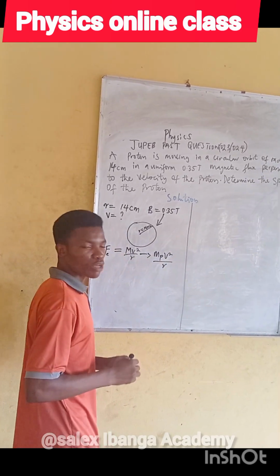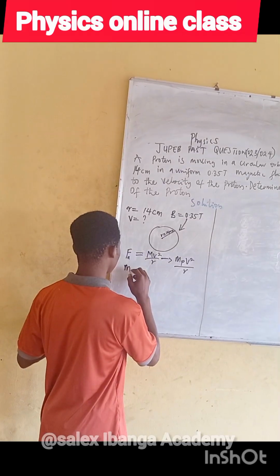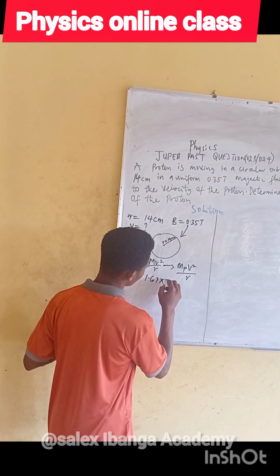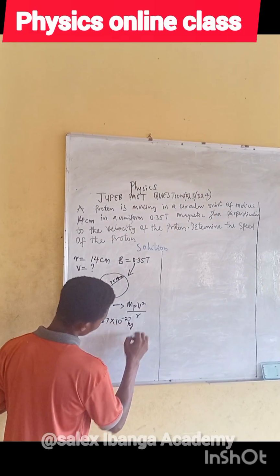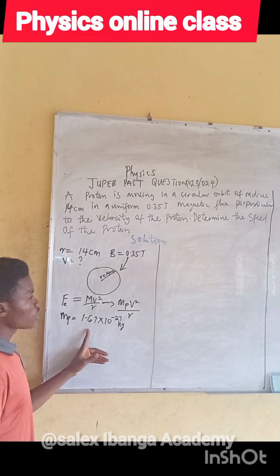Mass of proton is given to be 1.67 times 10 raised to the power minus 27 kilogram. That is the mass of proton. It's a constant.